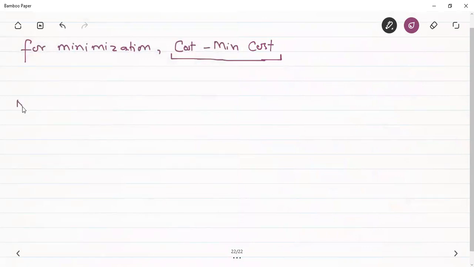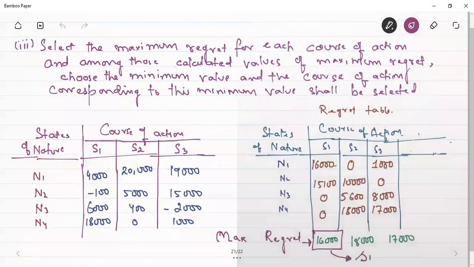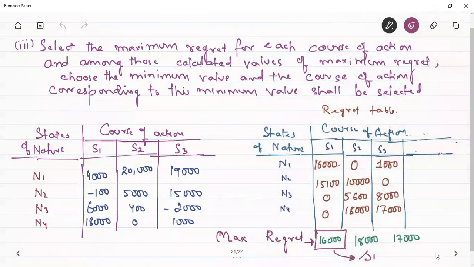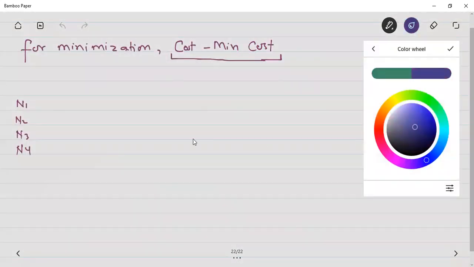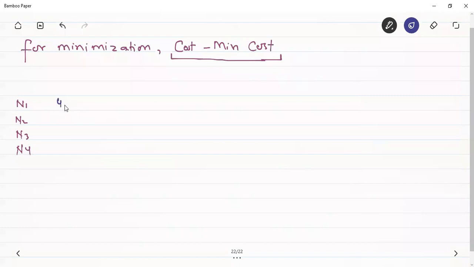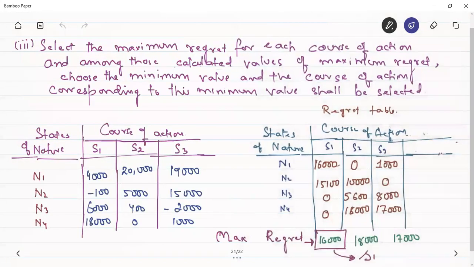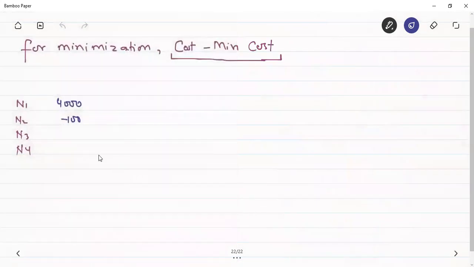So if the states of nature were N1, N2, N3, and N4, the courses of action were: for S1, 4000, minus 100, 6000 and 18,000.